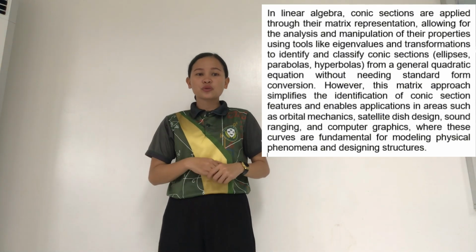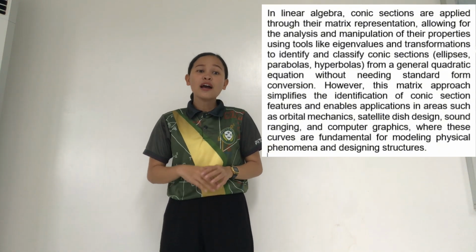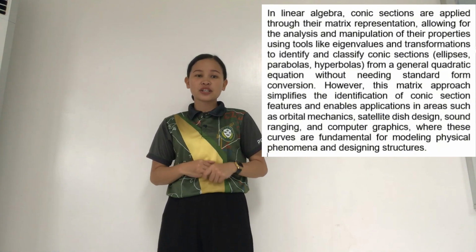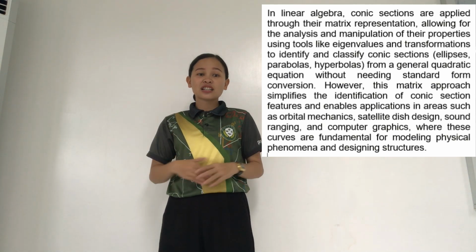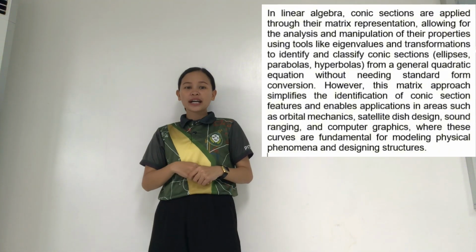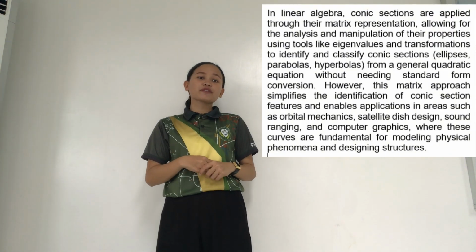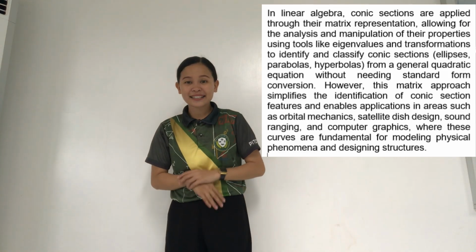This matrix approach simplifies the identification of conic section features and enables application in areas such as orbital mechanics, satellite dish design, sound ranging, and computer graphics, where these curves are fundamental for modeling physical phenomena and design.